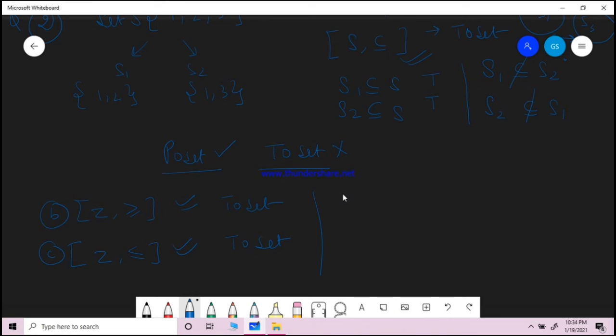This is your homework, you have to do it by yourself. And in the same way, for the divide operation, this was a poset and this is also a total order set. So this is how you can identify if the given relation is a poset by identifying the three properties that we have discussed, that is reflexivity, antisymmetry and transitivity. And if this is a poset, then you have to identify whether it is a TOSET or not.